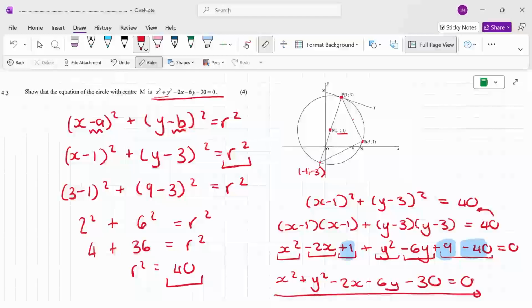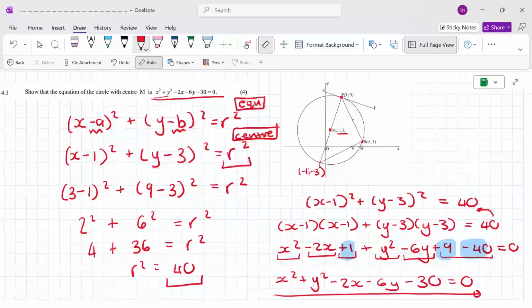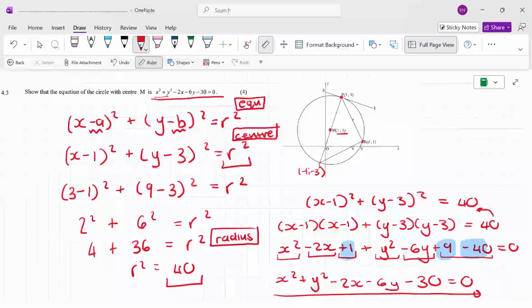So we first started off by writing just the general equation of a circle, right? We found the center of the circle, then we found the radius, right? After we found the radius, we then were able to write the full equation, right?